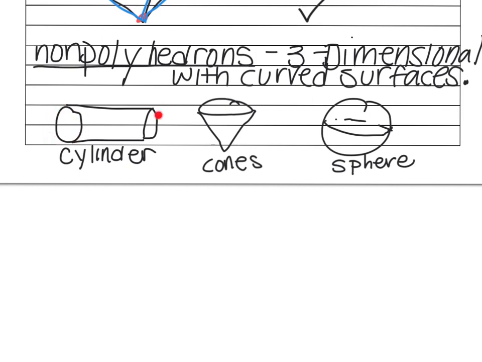You have your 2 circles at the base and the lid. And then the whole thing is curved here, so it has a curved surface. A cone also has a curved surface. Down here at the bottom, the base is a circle. And then a sphere, like a globe, has a curved surface. So these are non-polyhedrons.